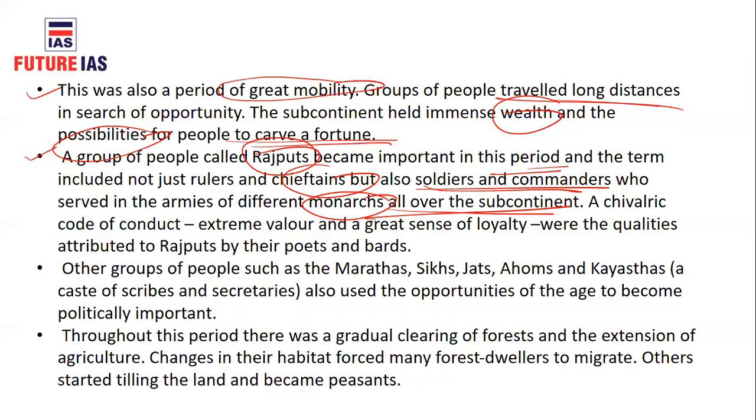So the qualities of extreme valor and extreme loyalty have been associated with the Rajputs. So this term has changed its meaning through the linking of those people with an extreme sense of valor and loyalty.